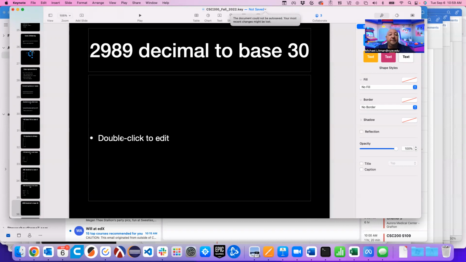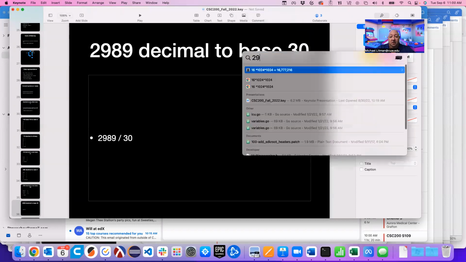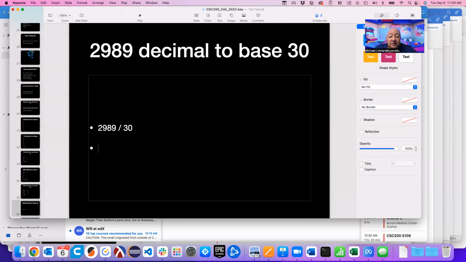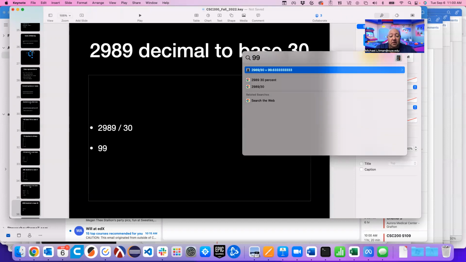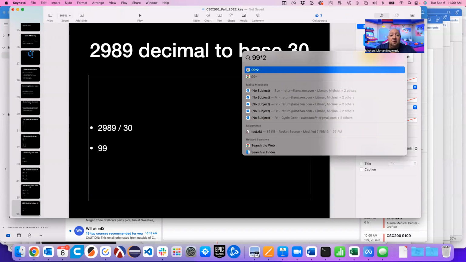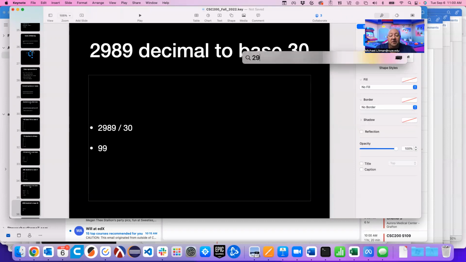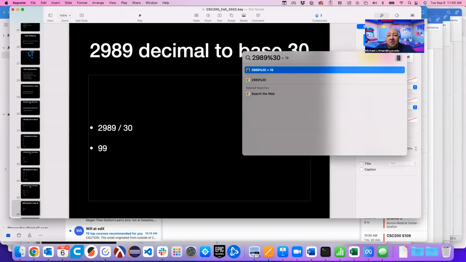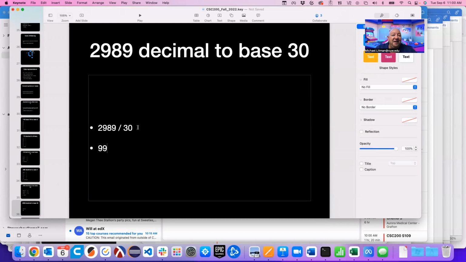All right. So exact same pattern. We take 2989 and divide it by 30. That's 99, remainder 19.